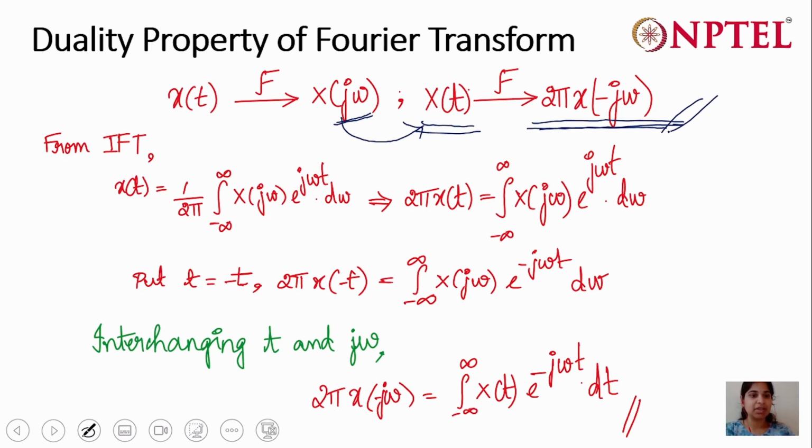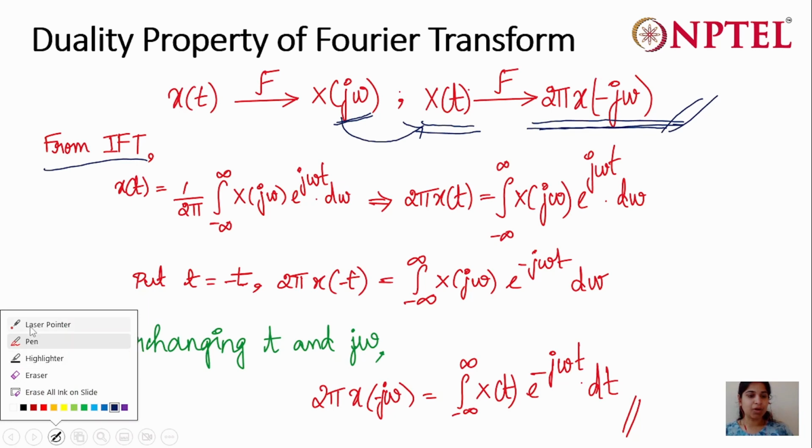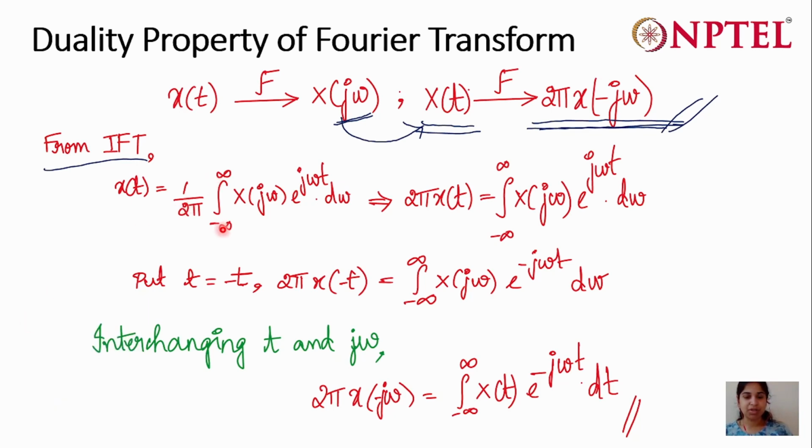First we take the inverse Fourier transform expression. x of t is 1 by 2 pi integral from minus infinity to infinity x of j omega e power j omega t d omega. Now we take this 2 pi to the other side.